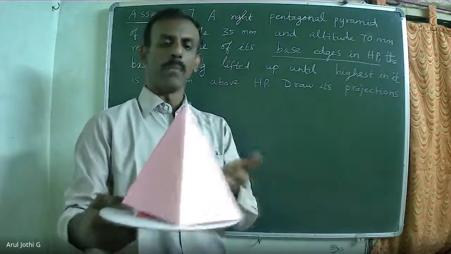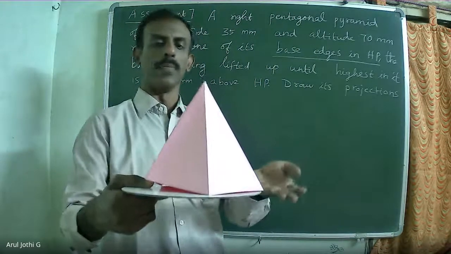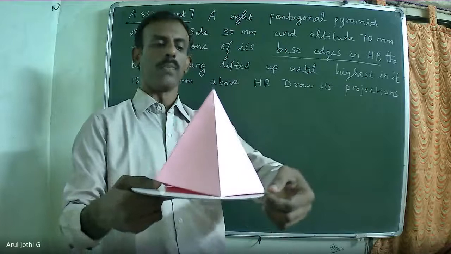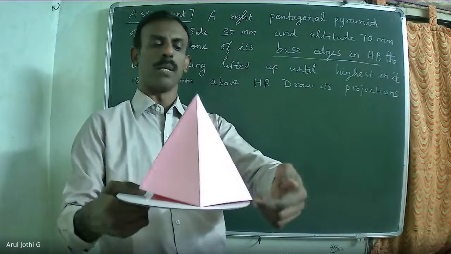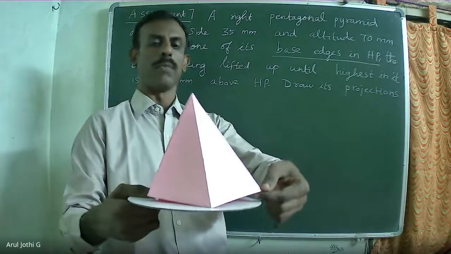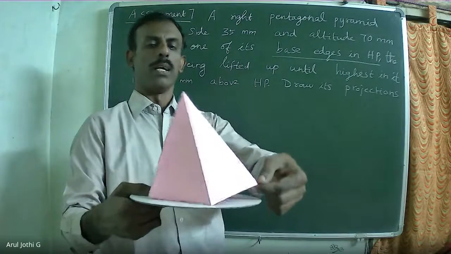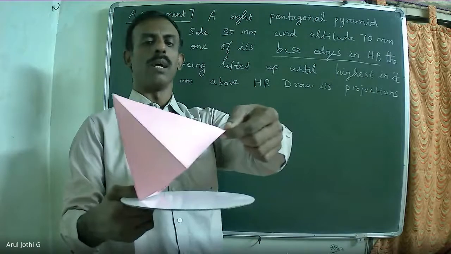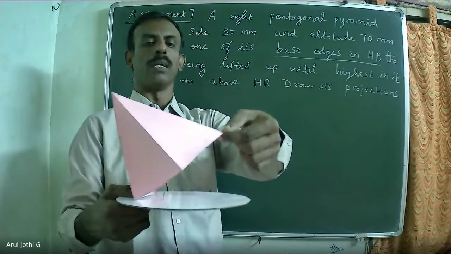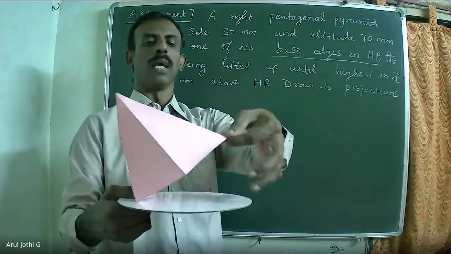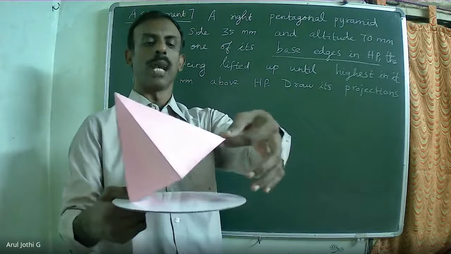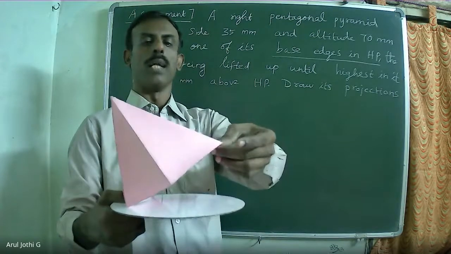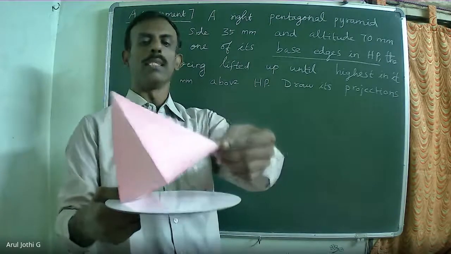Now, the entire base is lying on the horizontal plane. Now I'm going to lift this opposite corner point. Look at this point, how I am lifting. Now I have lifted this opposite corner point to the height of 30 mm. Now the gap between the horizontal plane and this corner point is 30 mm.